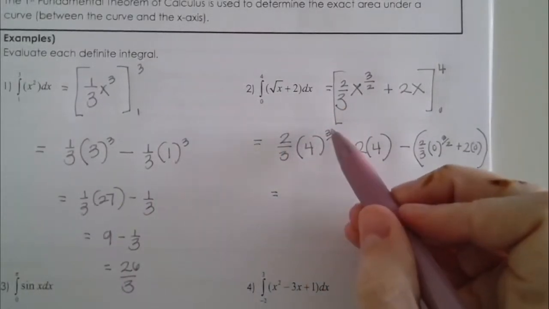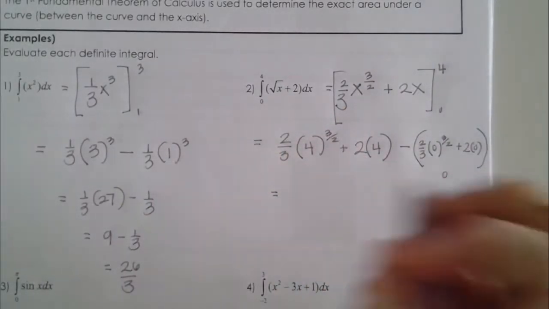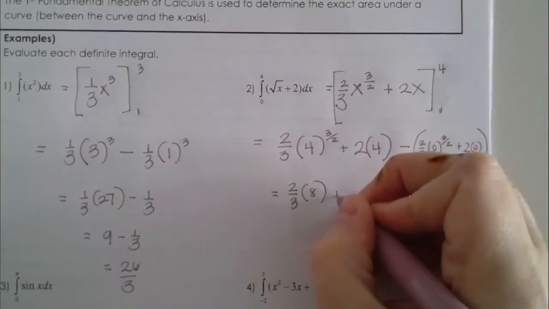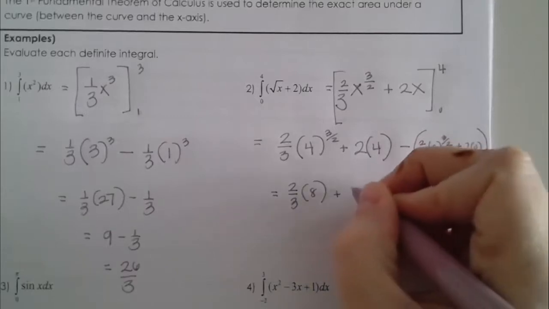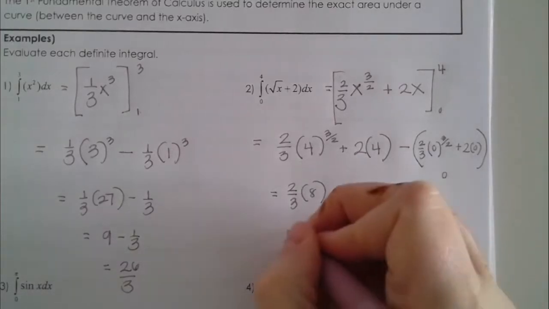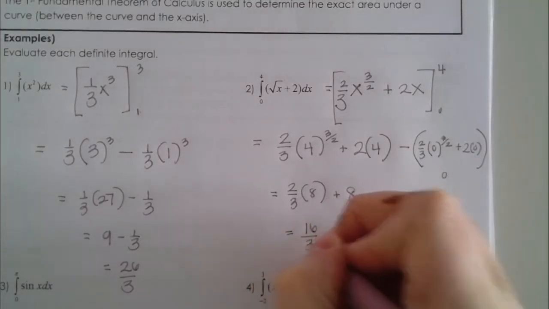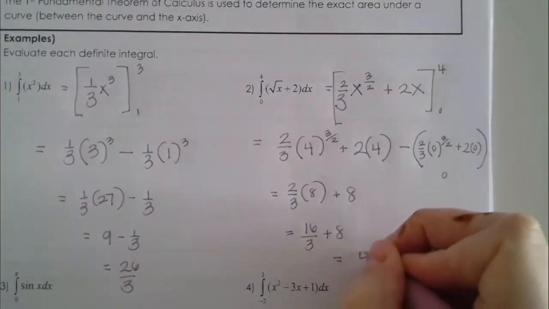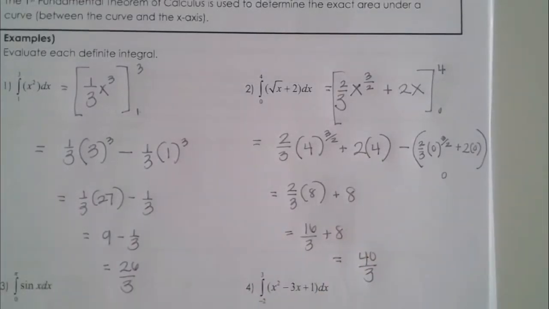So 4 to the power of 3/2, that gets me 8, so I really have 2/3 times 8, plus 2 times 4, that's 8. And then we have our minus 0 that we could write if you really wanted to. 2/3 times 8 gets me 16/3 plus 8. And then we make common denominators, and that ends up being 40/3. So the area under the curve for this function is 40/3.